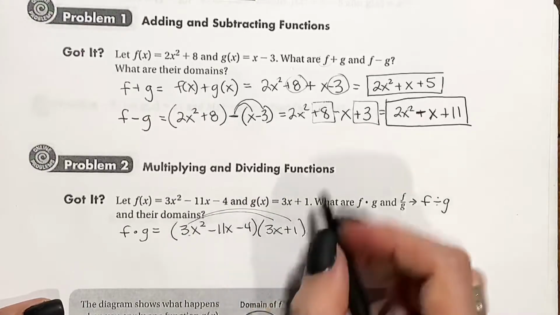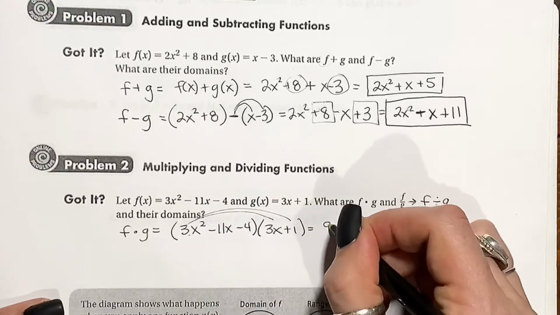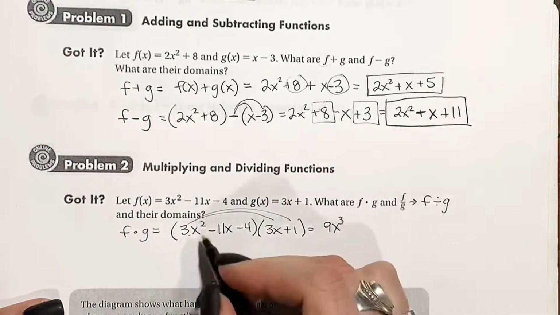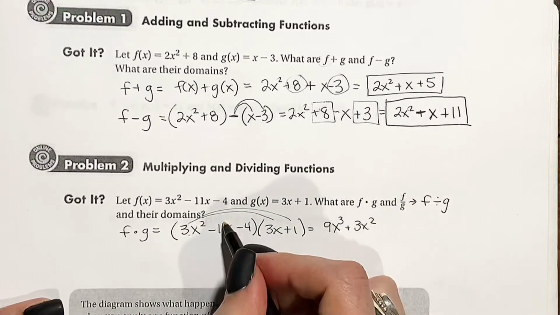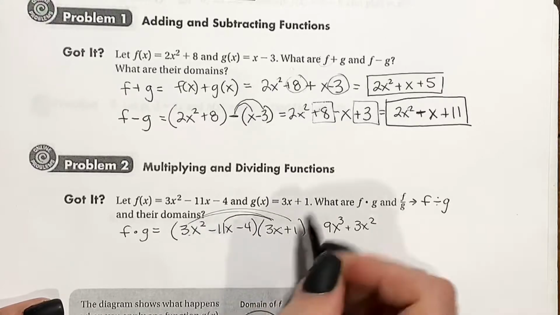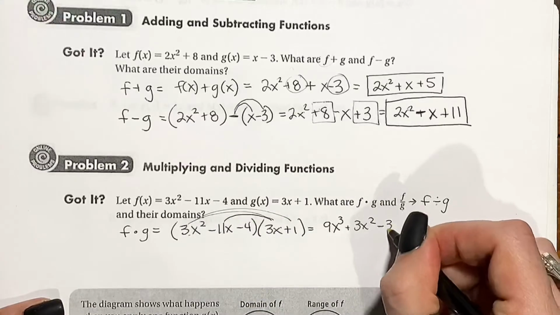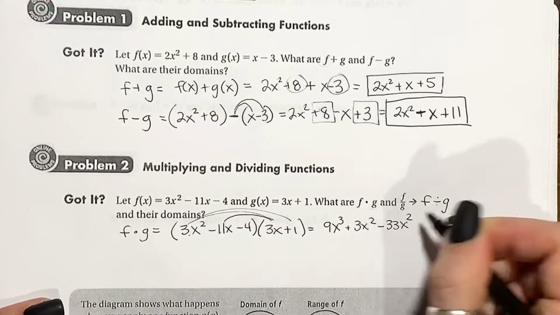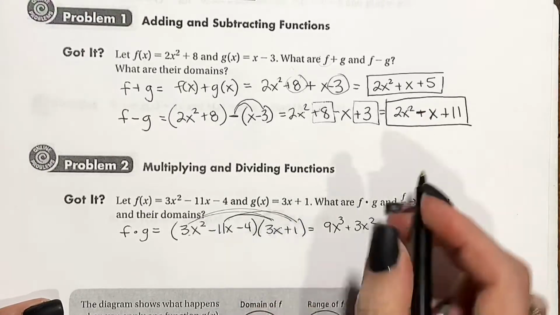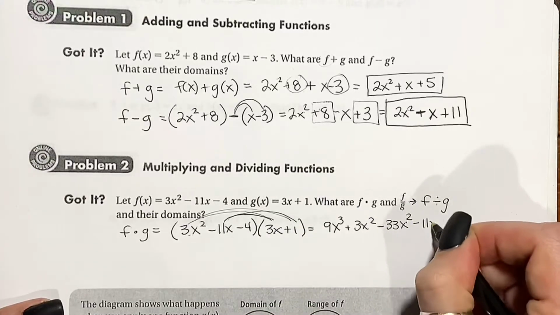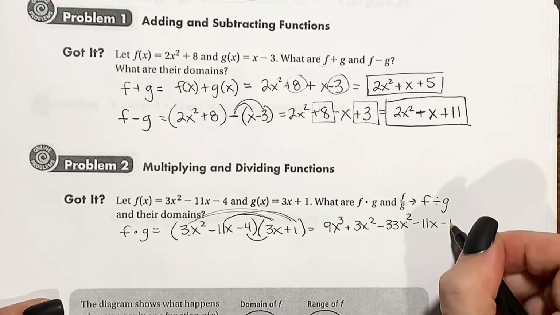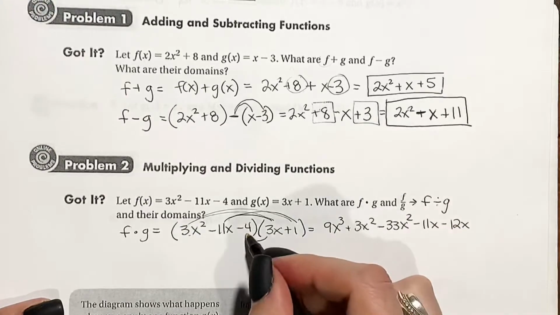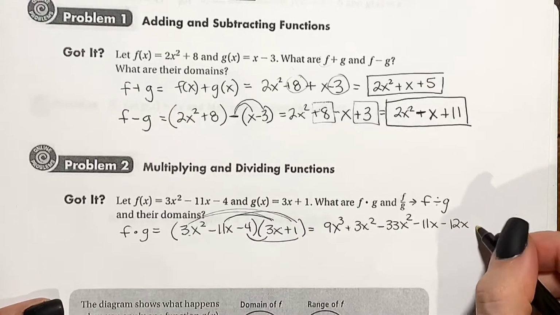So 3x squared times 3x is 9x cubed. 3x squared times 1 is 3x squared. Now let's do the negative 11x times 3x is a negative 33x squared. And negative 11x times 1 is a negative 11x. Negative 4 times 3x is negative 12x. And then negative 4 times 1 is negative 4.